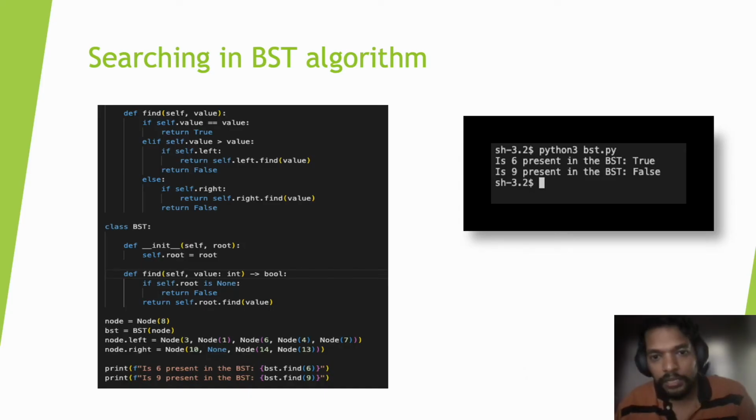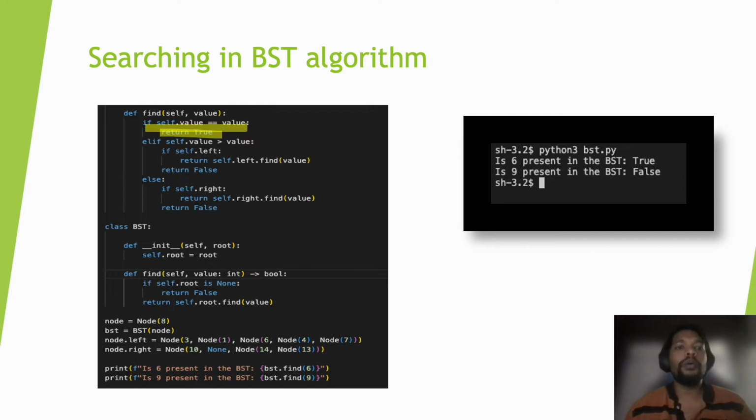So I just gave an explanation of how we are searching. Now let's convert that to an algorithm and code. As you can see, we are defining the method find in the node that is written here. First we check the value of the node, and that is searched here: self.value equals value, and if that's true, then return true.